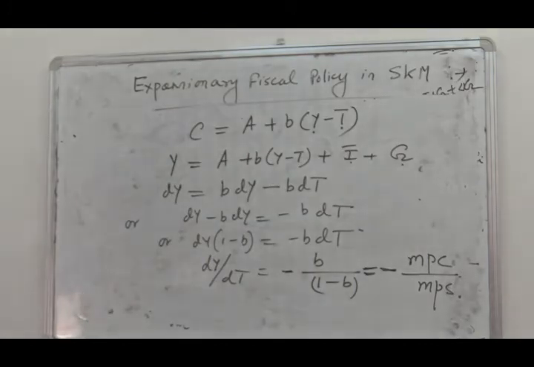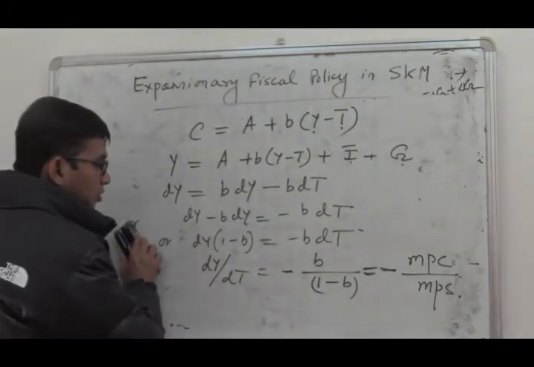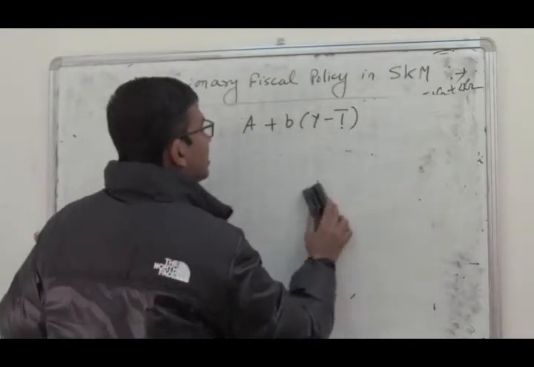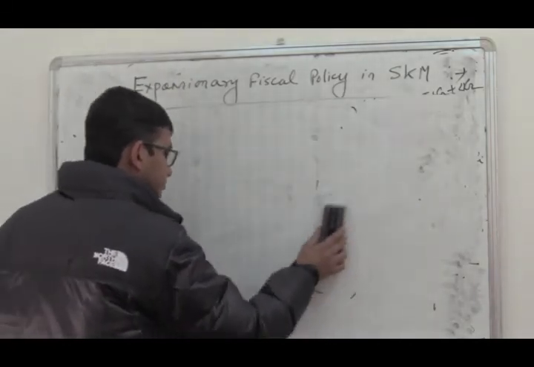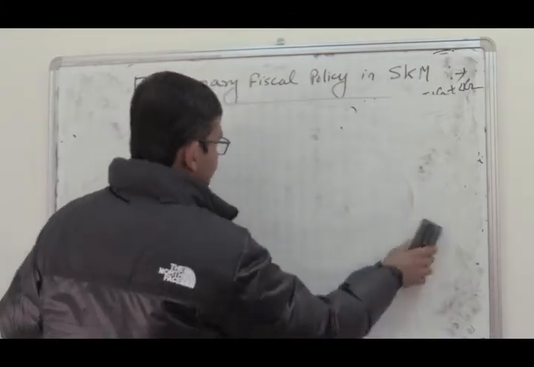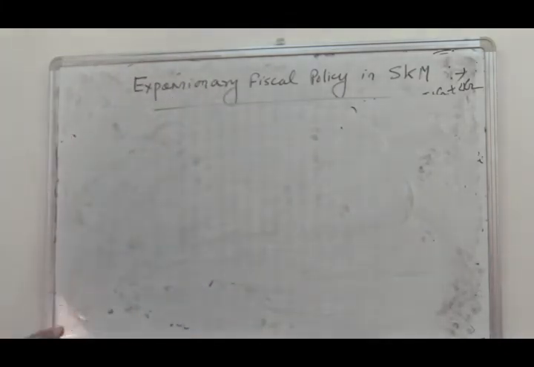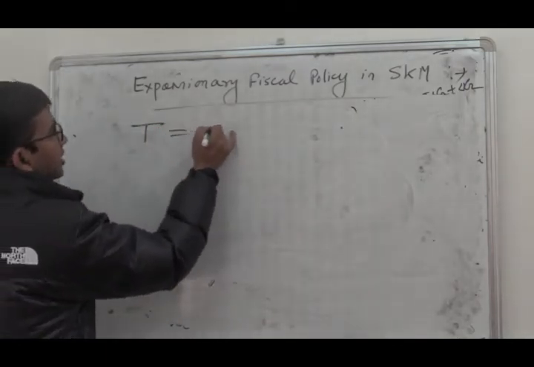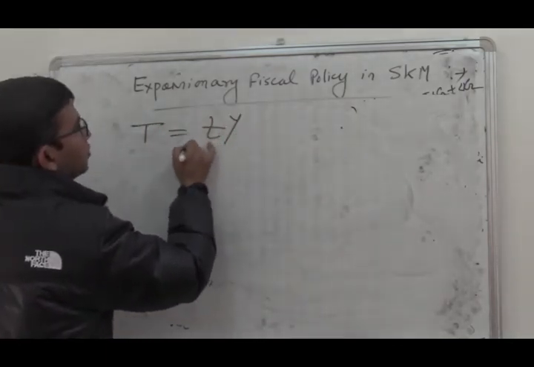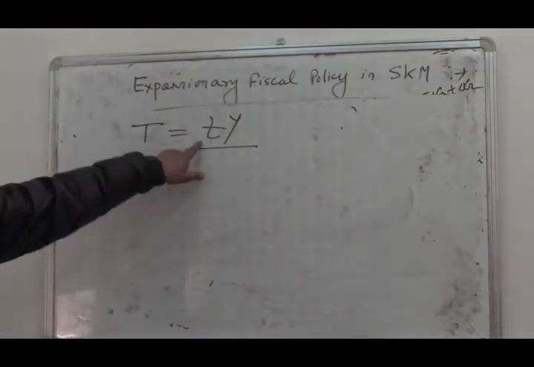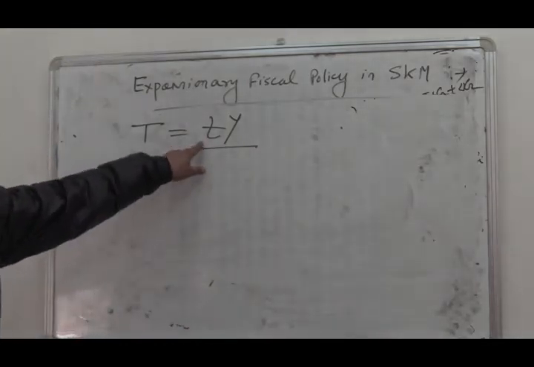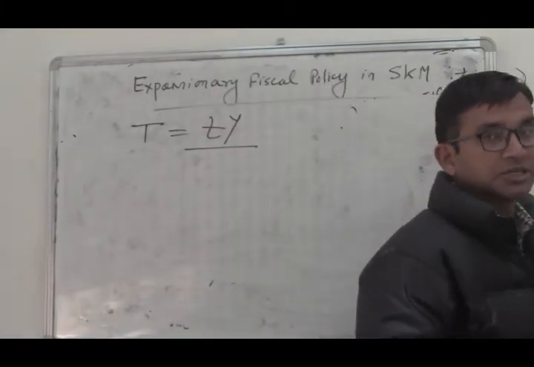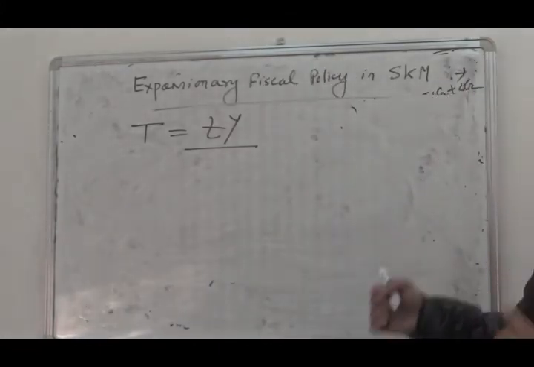Second type of tax multiplier we can consider is if we think of a proportional tax, where the tax revenue is given as small t into Y. Small t means the tax rate. With a proportional tax, it may be that people are being charged 10% of their income, so t will be 0.1.